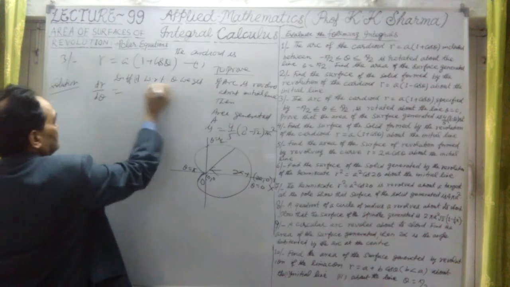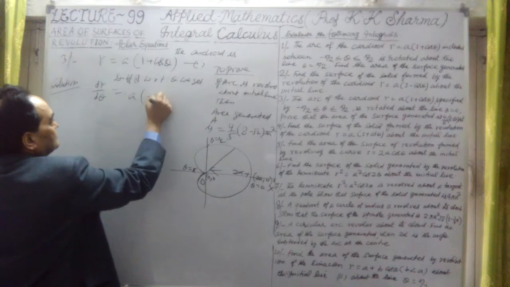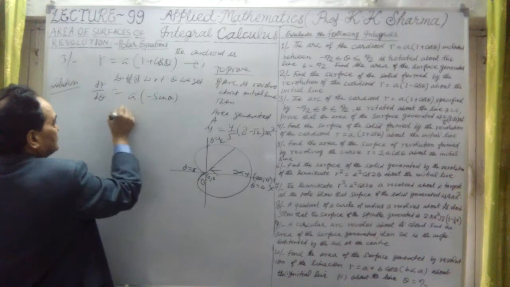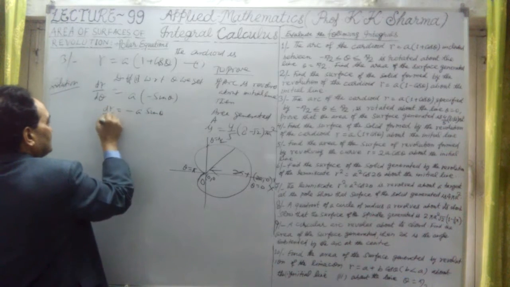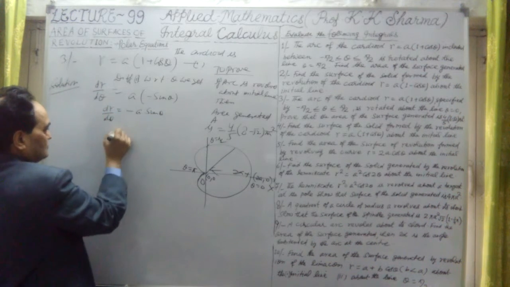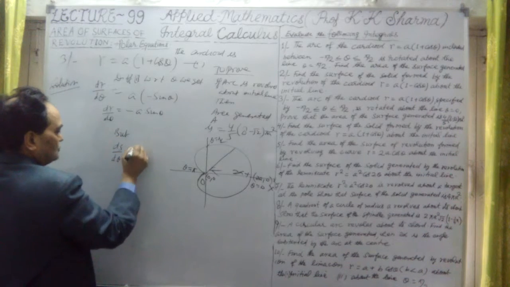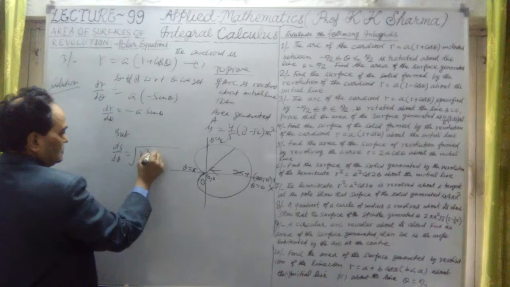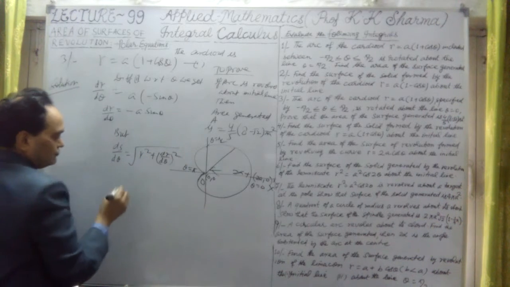We get dr by d theta is equal to a into minus sin theta, which is minus a sin theta. But ds by d theta is equal to under root of r square plus dr by d theta whole square.